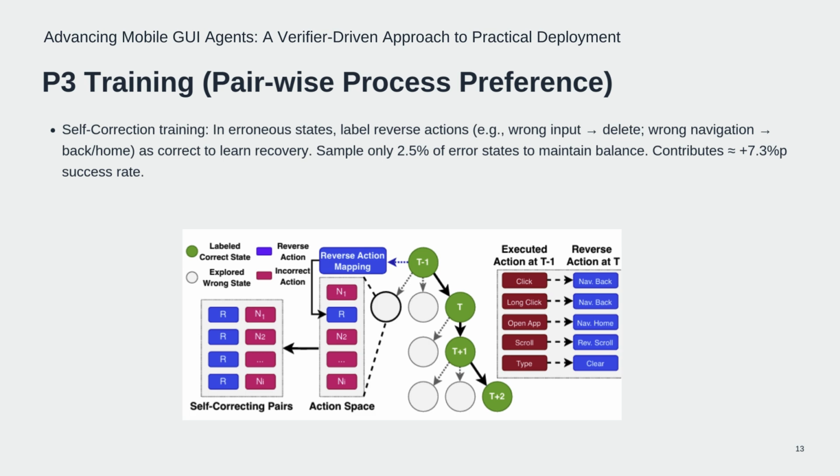So combining the pairwise contrastive training and this self-correction augmentation, their verifier is both discriminative and resilient. This addresses the training challenges. They ended up with a custom-trained 8 billion parameter verifier model that knows how to judge actions in context far better than any of the shared LLMs could.